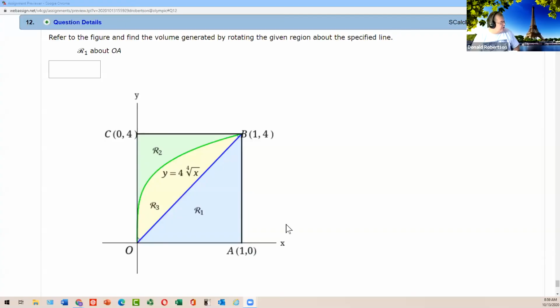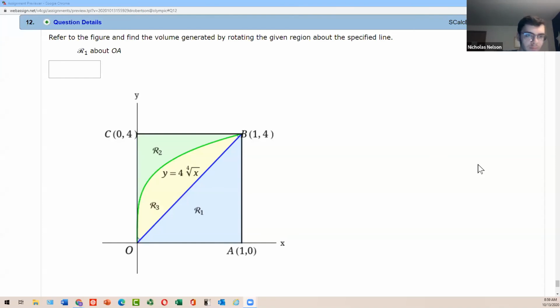Gotcha. Move over here, put a 12 on it. Oh yeah, I remember that one. Okay, so let me see if we can show you what's going on here. Right, it's this guy over here, right? Yeah. That's the picture.